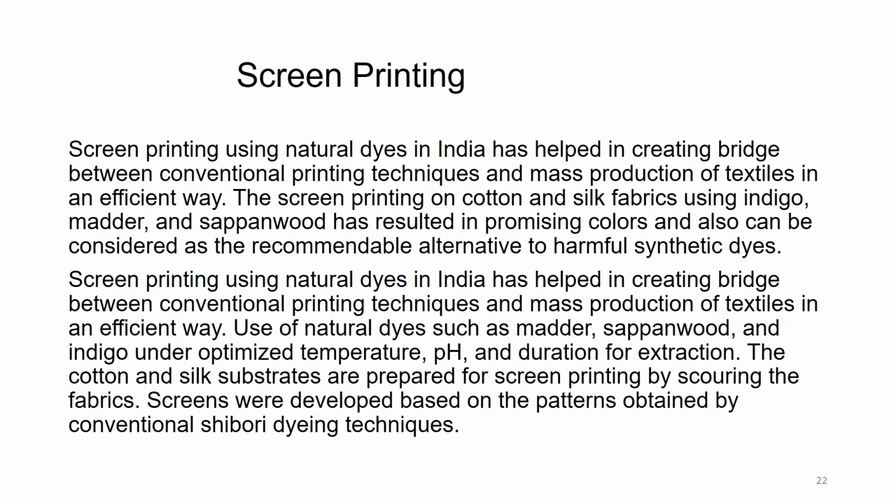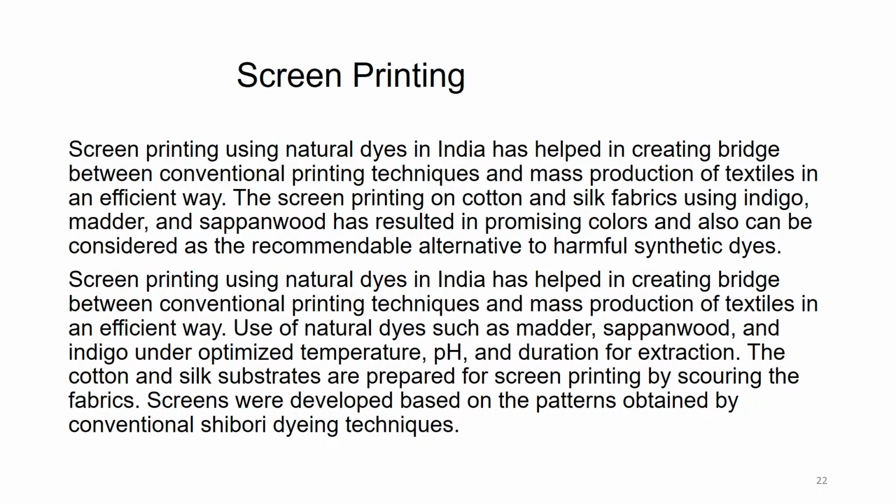So, screen printing can be extended for commercial printing very easily. Use of natural dyes such as madder, sapanwood and indigo under optimized temperature, pH and duration for extraction has already been established.